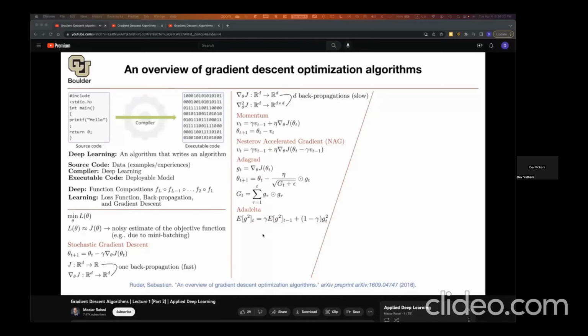But AdaDelta is going to do a running average of these gradient squares. So if you think about it, you're doing a running average. You keep gamma of the previous average, and you add your new gradient square. That's going to give you the average gradient.